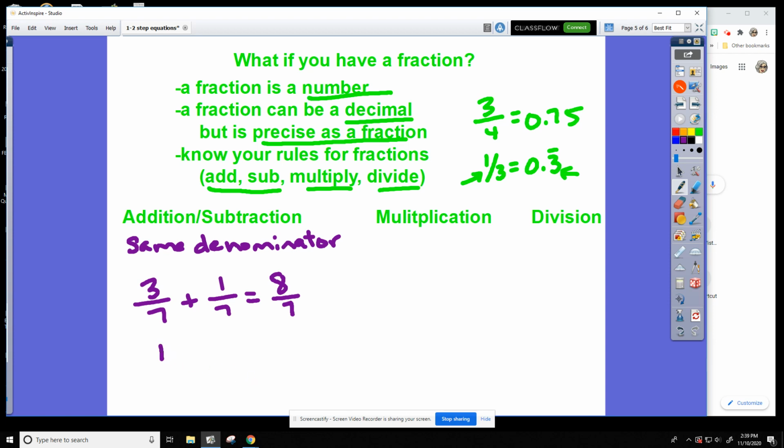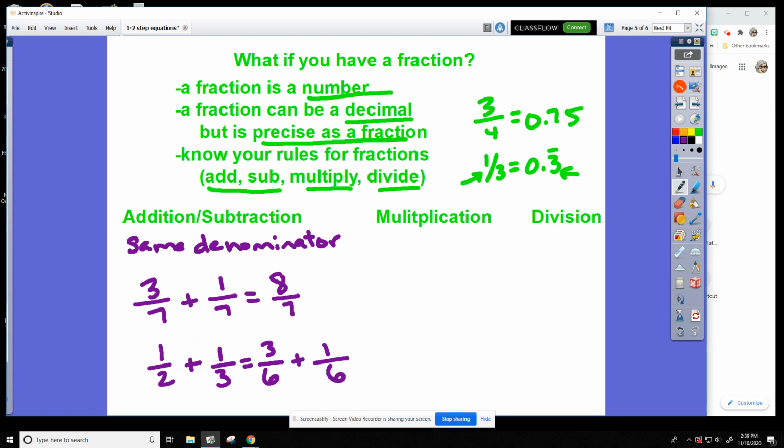If I have 1/2 plus 1/3, you cannot add those until you get a common denominator. And the one that you could get that's easy but maybe too large, but it still works, is multiplying them together. So 1/2 is 3/6. So 2 goes into 6 3 times. 3 times 1 is 3.